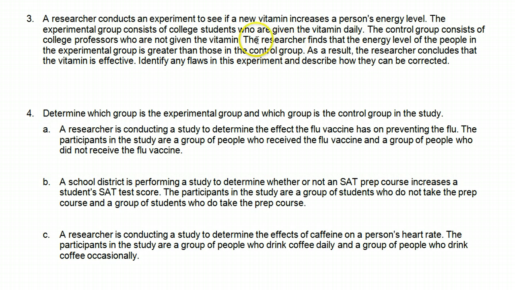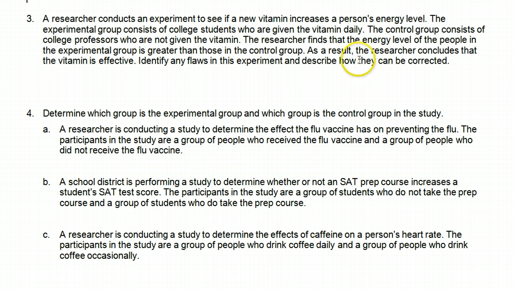Now, if you wanted to do a stratified sample and, for example, randomly pick, let's say if we were going to do 50 people getting each treatment, then I'd say randomly pick 25 students to get the vitamin, and randomly pick 25 professors to get the vitamin, and then randomly pick 25 students to get the placebo, and pick 25 professors to get the placebo.